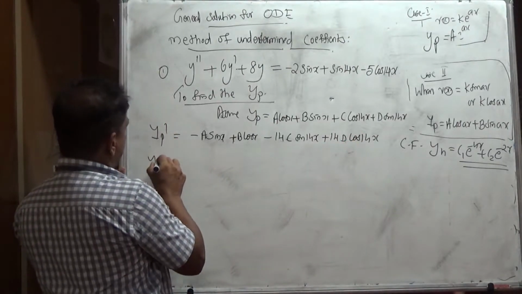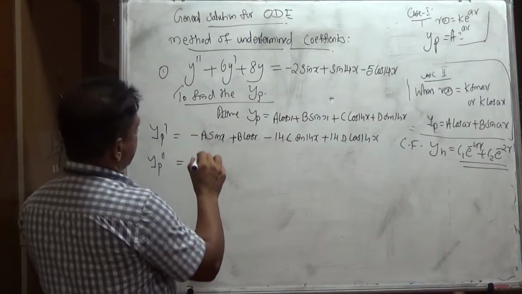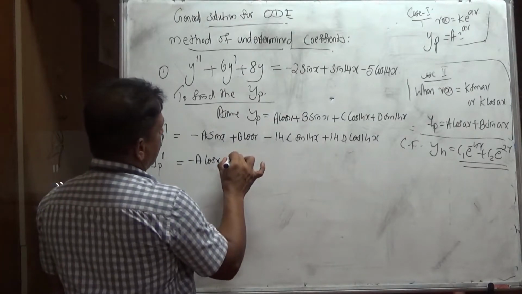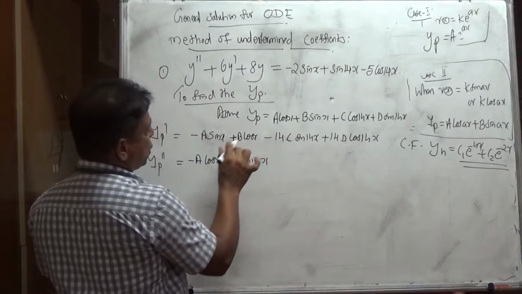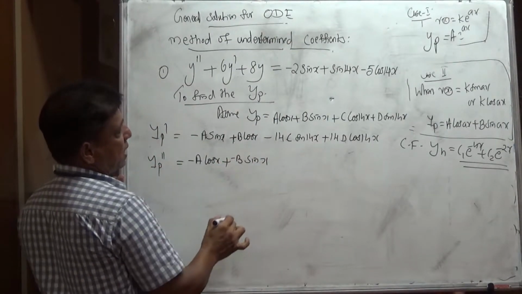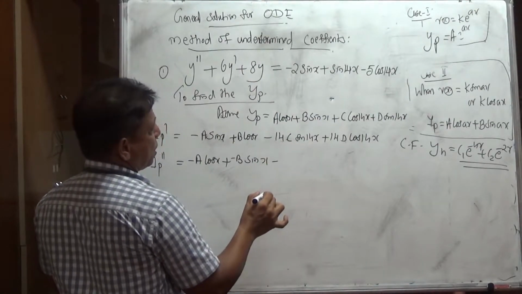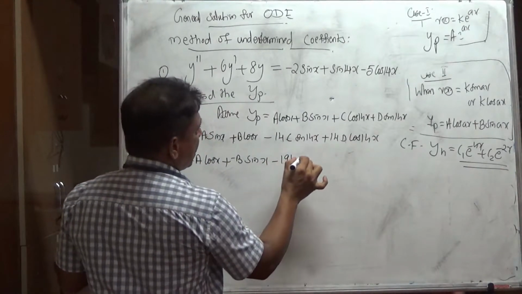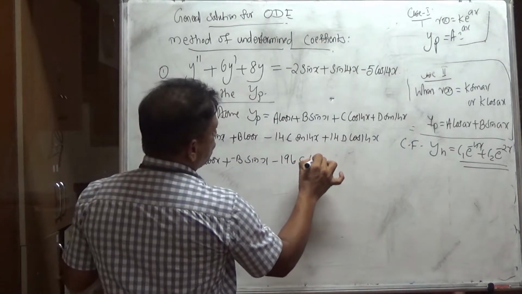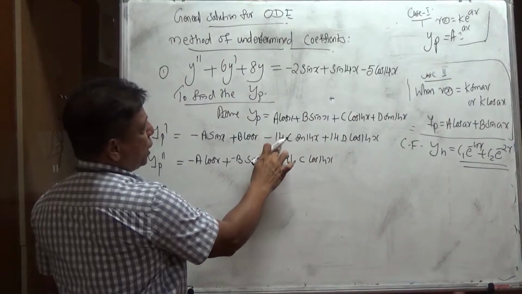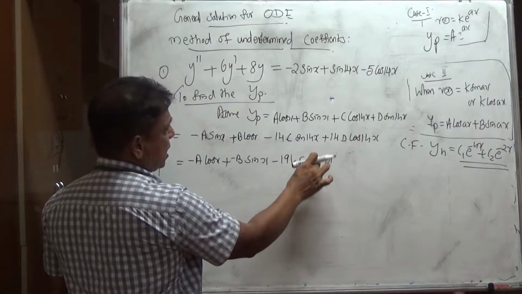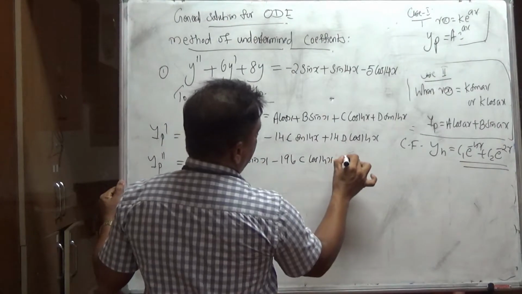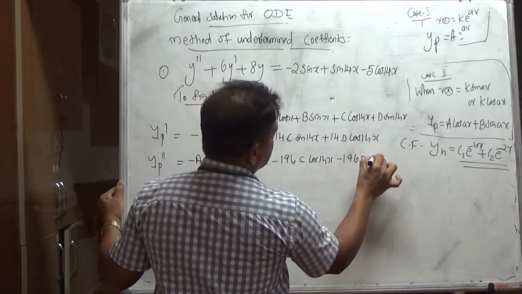Then take the second derivative yp double dash, that is minus a cos x minus b sin x, since the derivative of cos x is minus sin x, minus 14 into 14, which is 196c cos 14x, and minus 196d sin 14x.